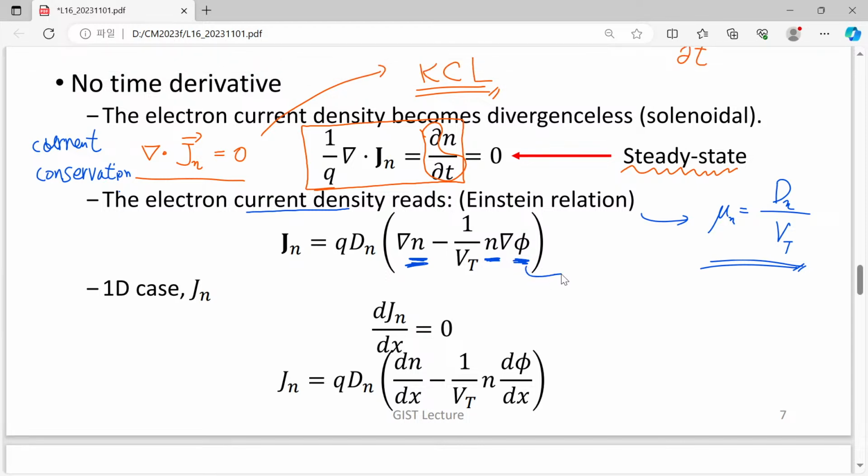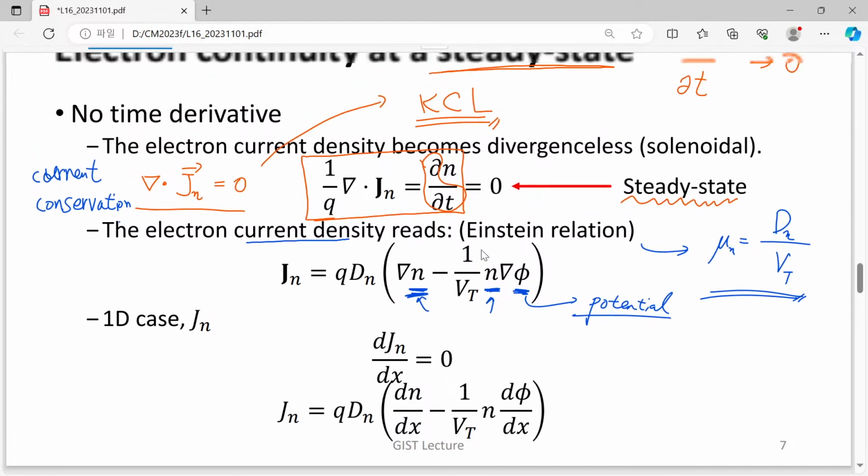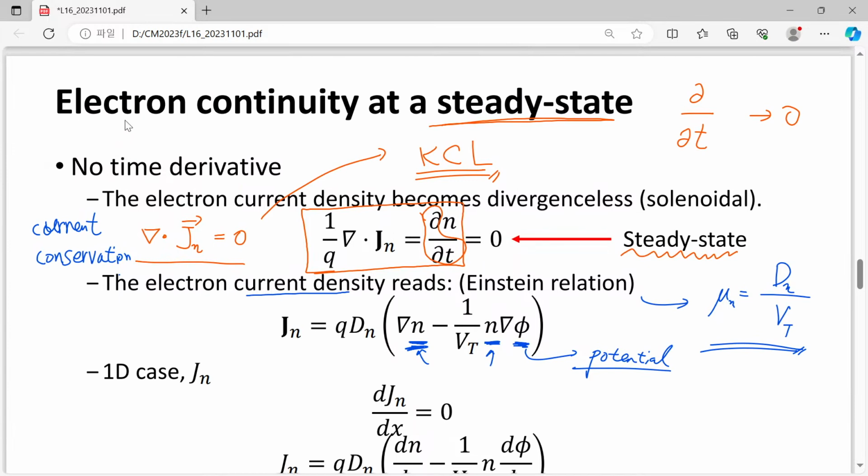But here we have electrostatic potential. Then which equation cares about the potential? Do you remember? These quantities are calculated by the electron continuity.